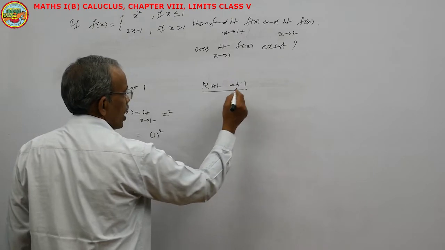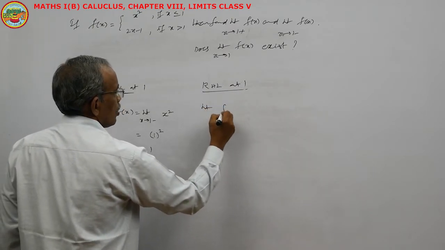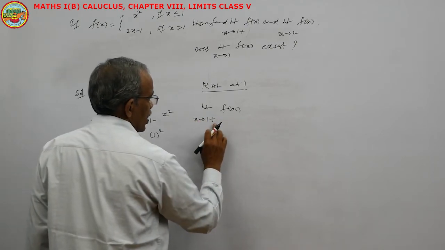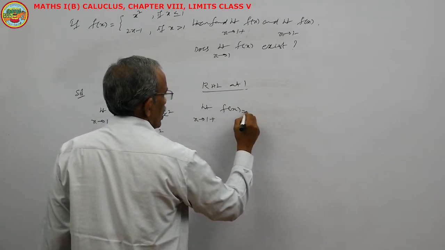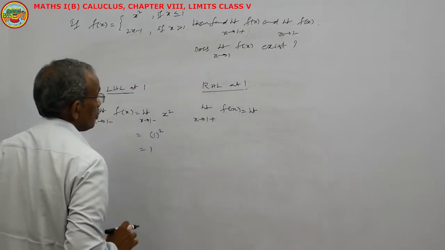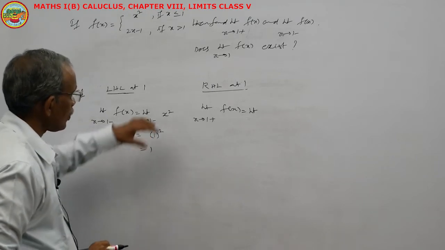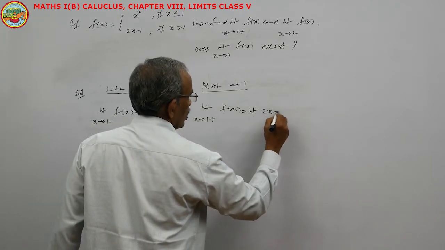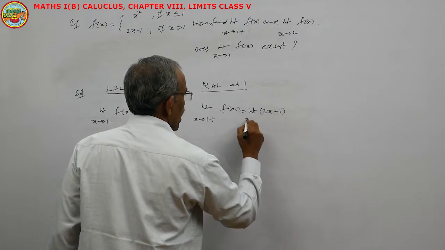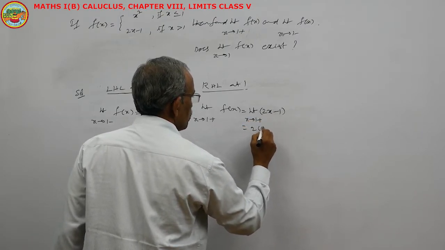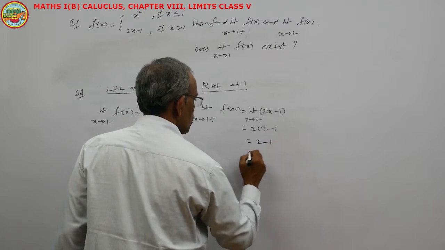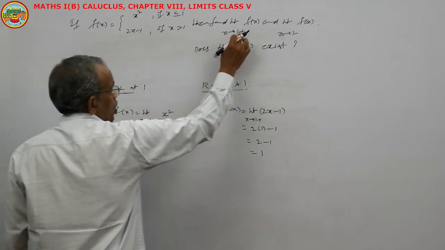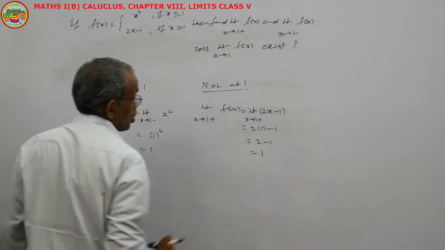Right hand limit at 1, that is 1 plus: the limit of f of x as x tends to 1 plus, 1 plus means greater than 1, so we take 2x minus 1 as x tends to 1 plus, that is equal to 2 into 1 minus 1, that is equal to 2 minus 1 is equal to 1. Therefore the limit of f of x as x tends to 1 plus is equal to 1 and the limit of f of x as x tends to 1 minus is equal to 1.